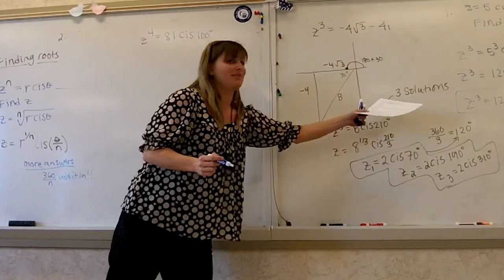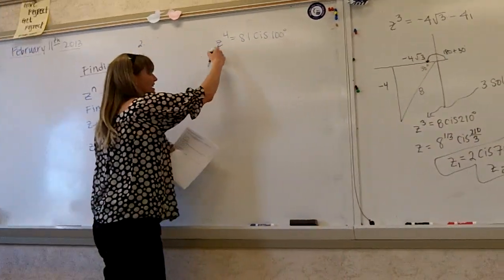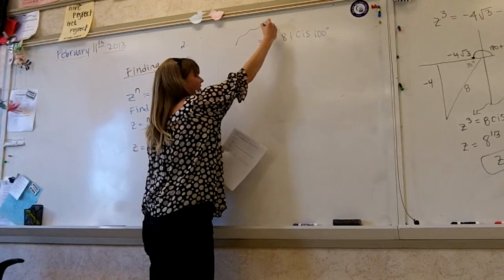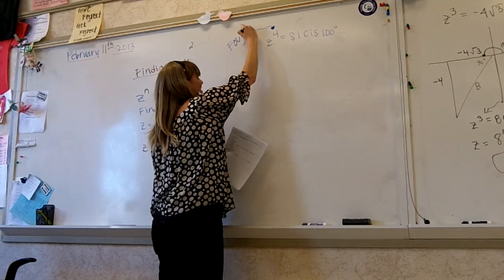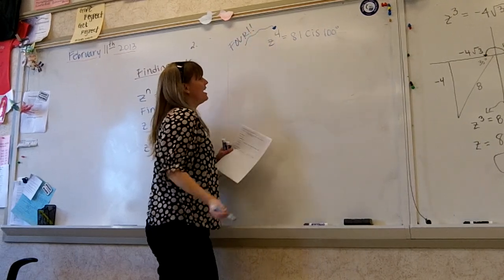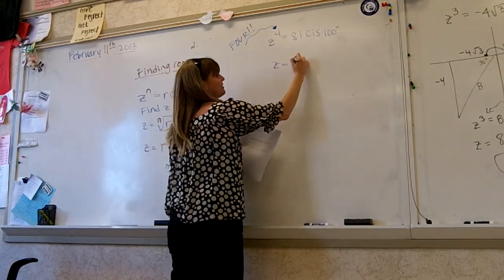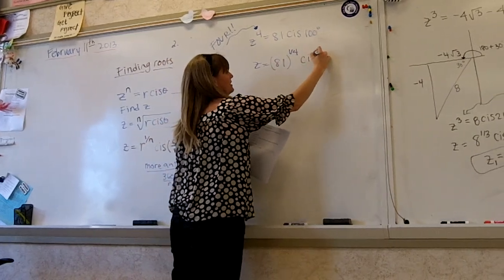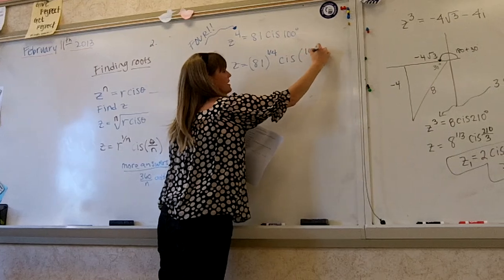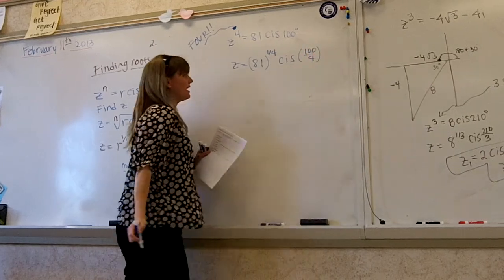Here, I had 3 solutions. Do you know how many I'm going to have here? What? I can't hear you. Oh, there are 4 solutions. Yes, very good. All right, so z is equal to 81 to the 1/4 power times the cis of 100 divided by 4.